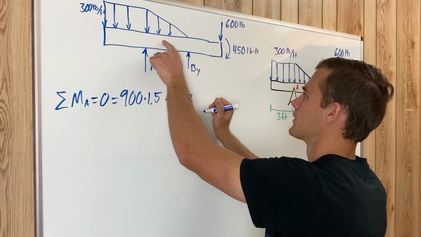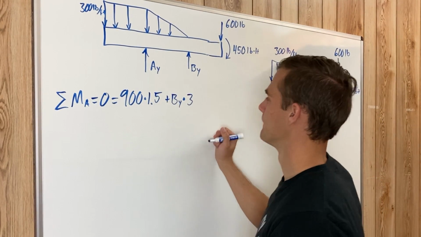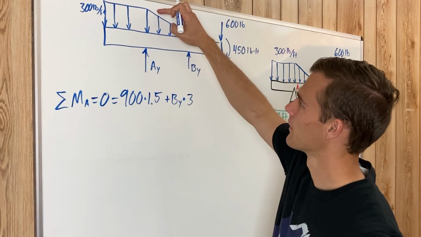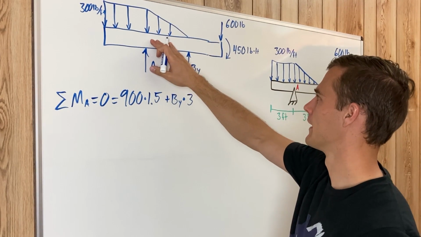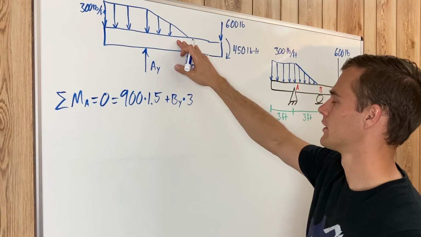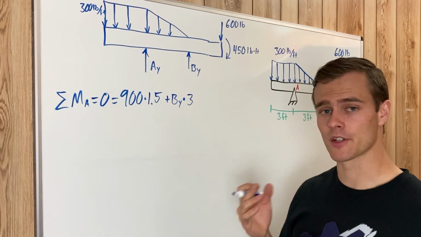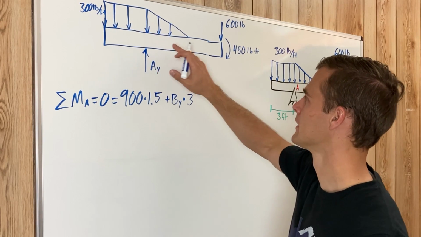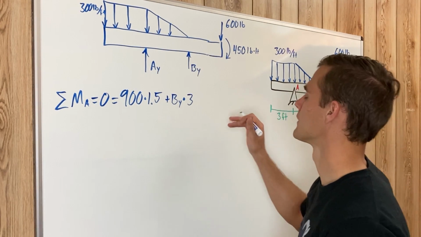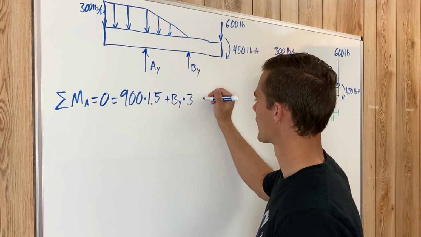Then we have our triangular distributed load. It will start at 300 pounds at this end, and it is 3 feet long. The area of that triangle is half the base times the height, so 1.5 times 300 is 450.